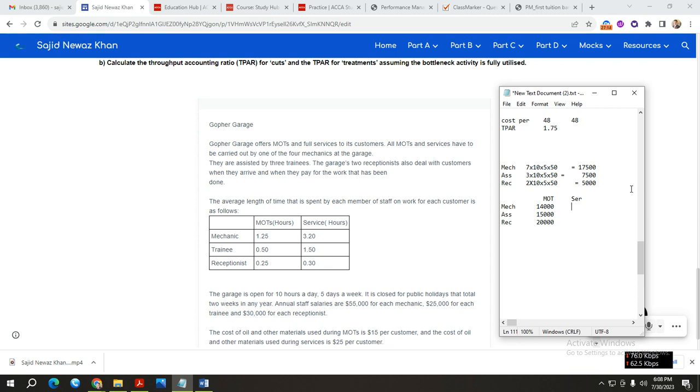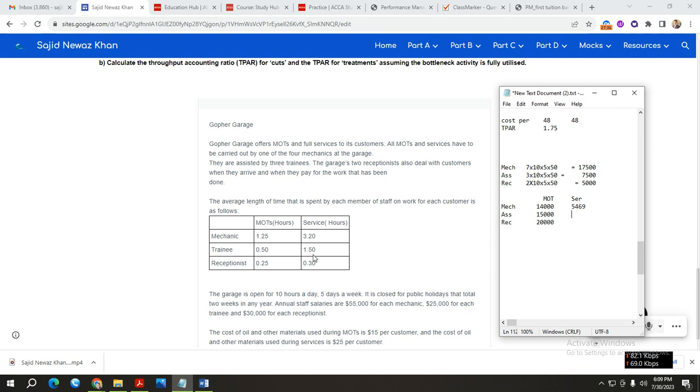For services, same stuff, 17,500 divided by 3.2. So how many can the mechanic do in a year? He can give 5,469 services. Same stuff for the assistant, total of 7,500 available. It's going to only take 1.5 hours.